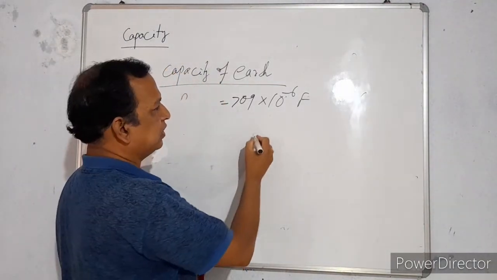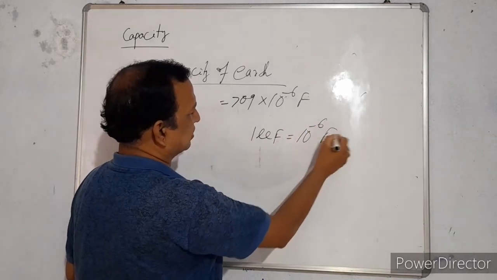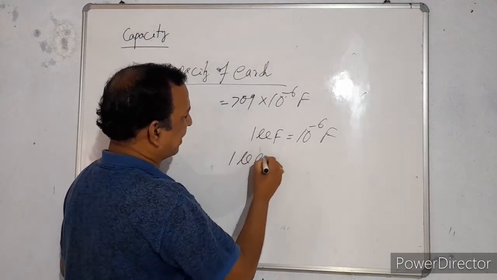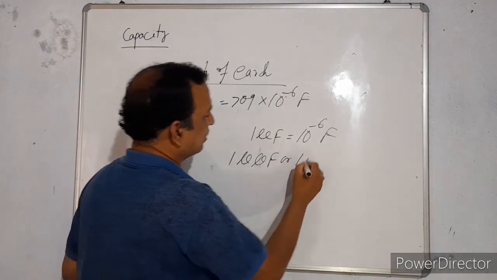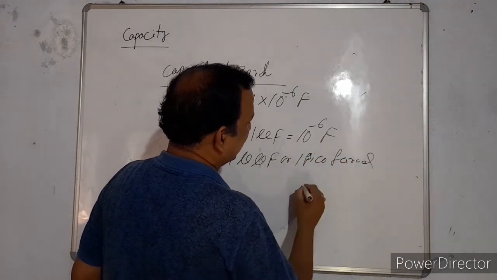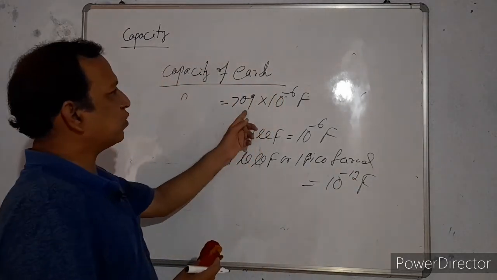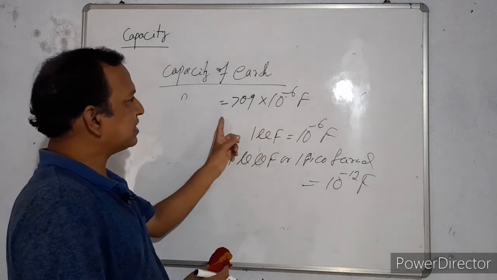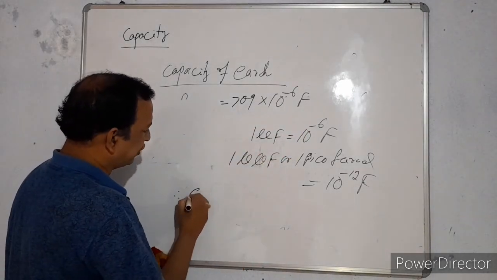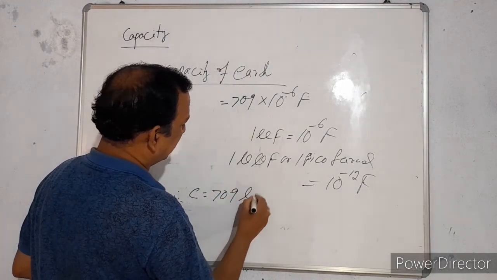What is microfarad? 1 microfarad is equal to 10 to the power minus 6 farad. 1 picofarad is equal to 10 to the power minus 12 farad. So 709 into 10 to the power minus 6 farad is 709 microfarad. So the capacity of earth is nearly 709 microfarad.